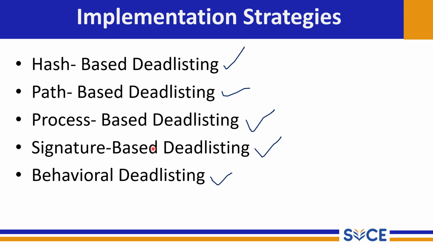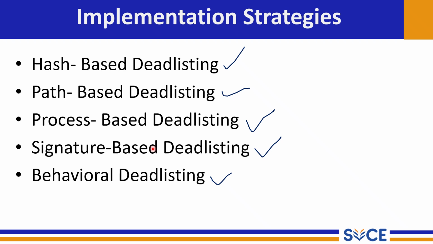This more advanced technique involves excluding items based on their behavior. For example, files that exhibit benign behavioral patterns can be dead listed. This requires more sophisticated analysis and can be prone to errors. So these are some of the implementation strategies, right?